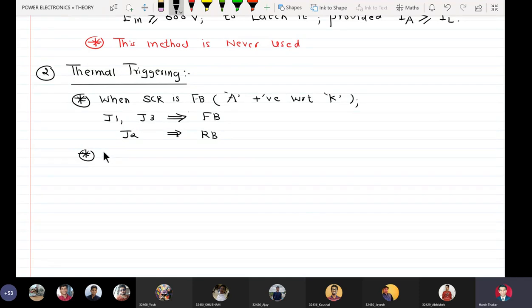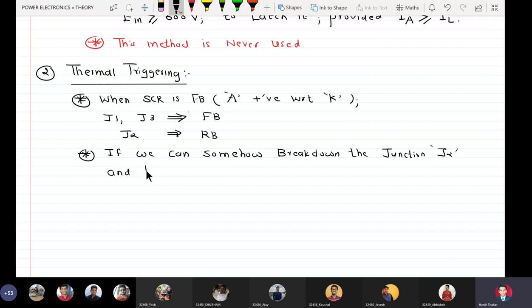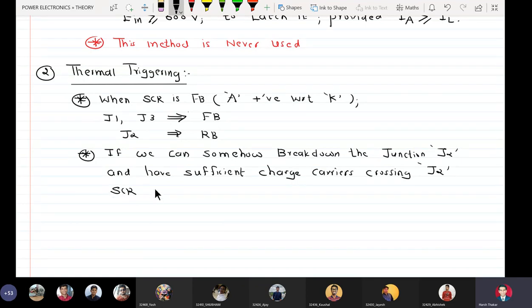That is why, if we can somehow break down the junction J2 and have sufficient charge carriers crossing J2, then SCR can be latched provided the device current IA exceeds latching current IL.